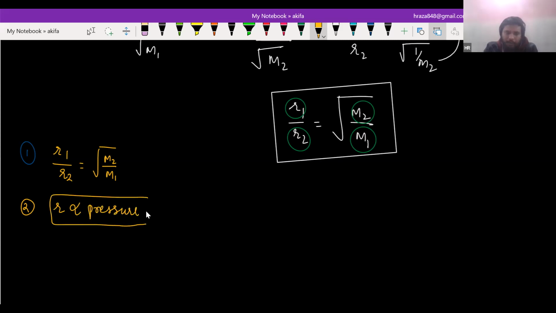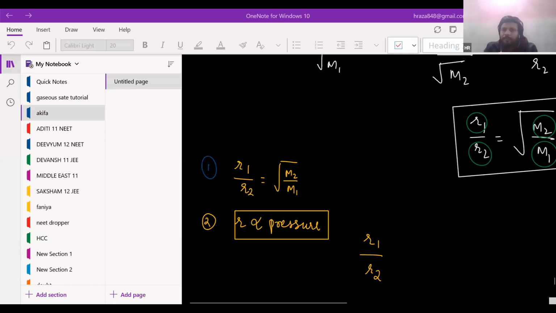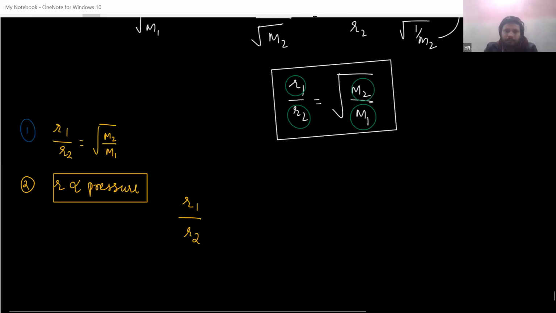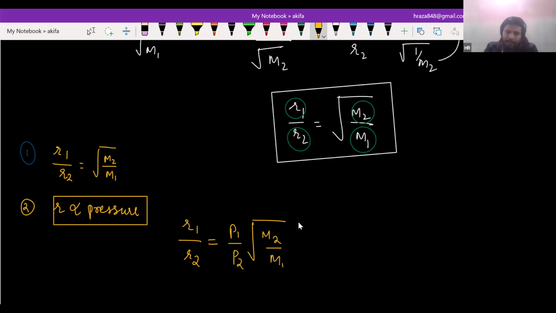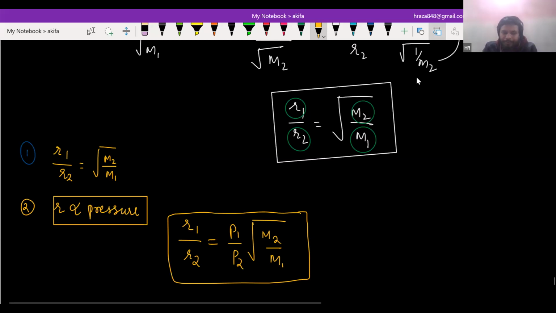So here we have another form: R1 by R2 will be equal to P1 upon P2 and under root of M2 upon M1. Since it is faster, that means directly proportional. This is another form of Graham's law of diffusion. This one is first, then second, then we will have third.